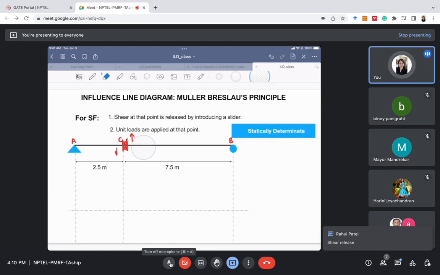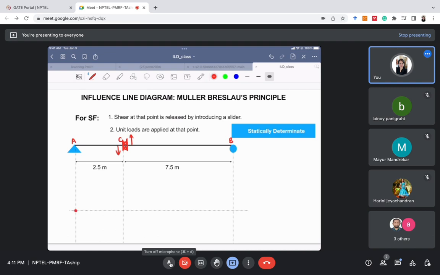So in this manner we will do this. Now the second step is the right part we will push upward and the left part we will push downward. Now let's draw the ILD for shear force at C.